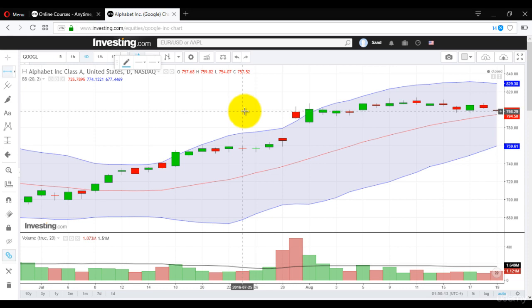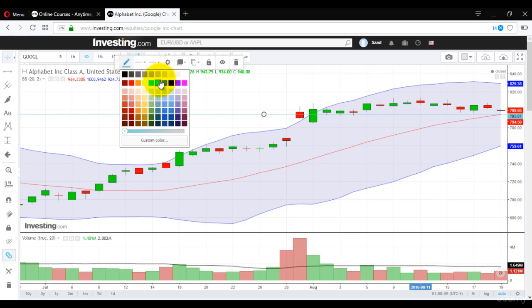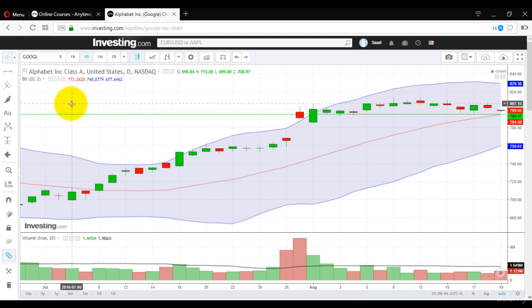We will put it at today's price, which is $799.65, but we can put it down to $795, the middle line. So let's put it at $795, the middle line. This is our max profit line. I'm turning it green.